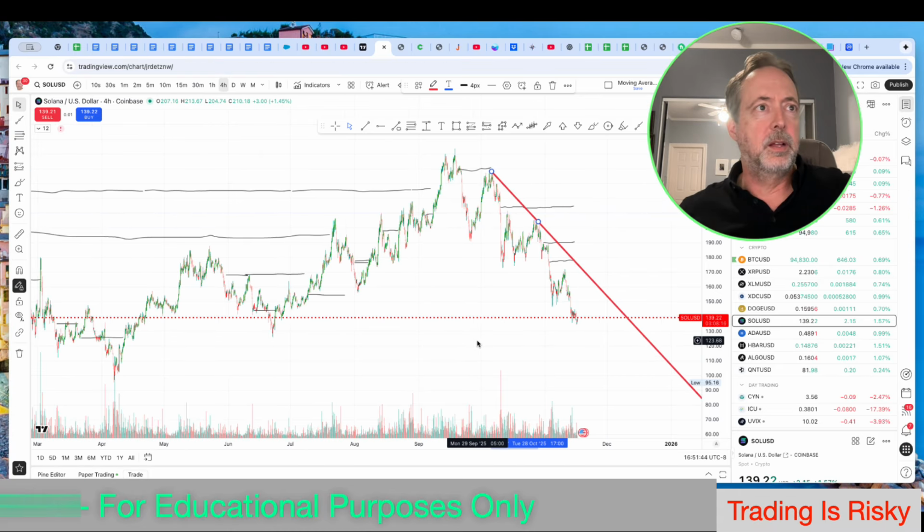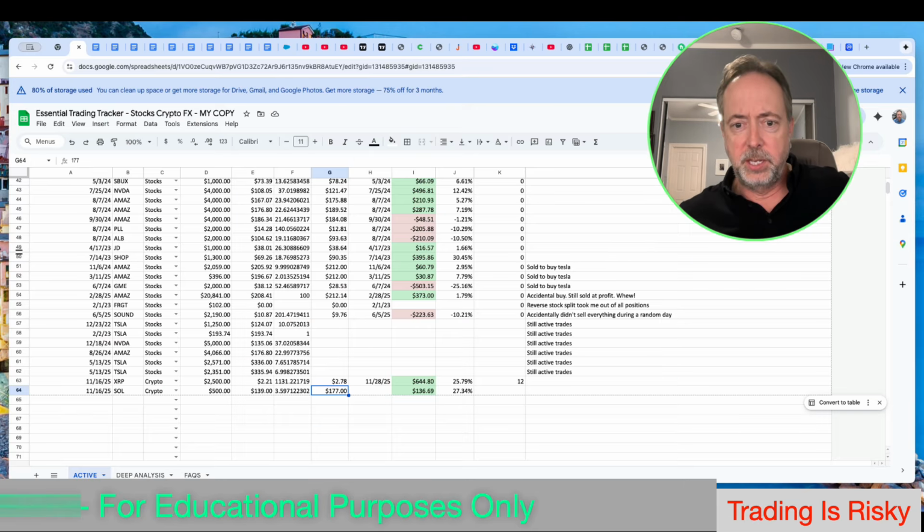If I want to sell right at this line right here, 177, okay? You guys can see that? Okay, let me go back. If I sell at 177, it gives me $136 profit off a $500 investment. I make 27% on my money.